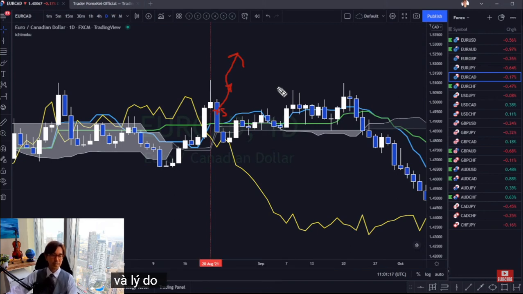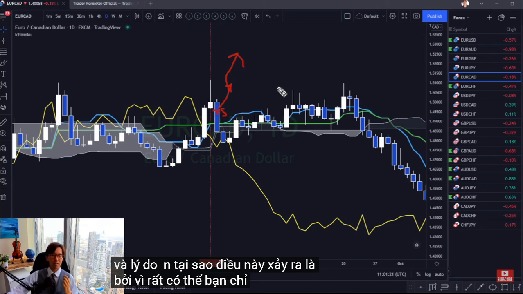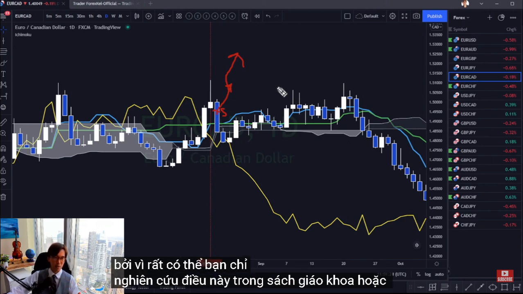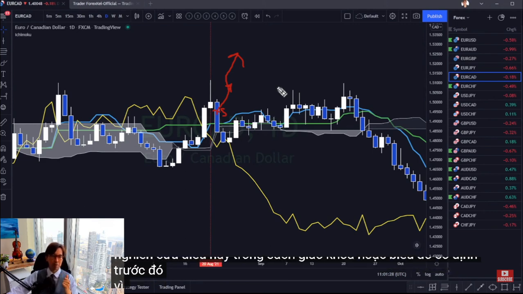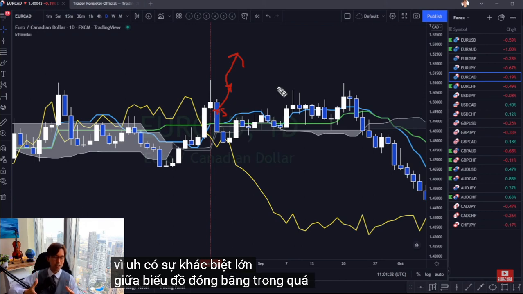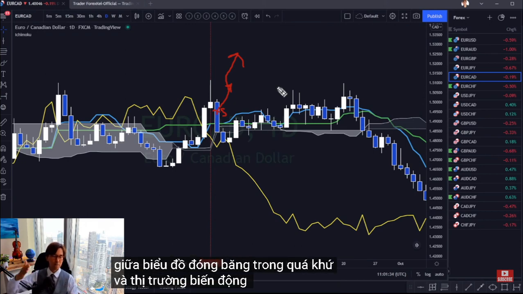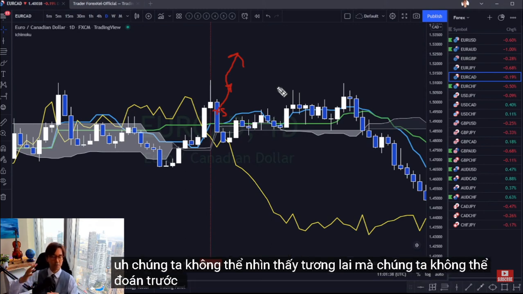The reason why this happens is most likely you only study this in the textbook or the previous frozen chart, because there's a big difference between the frozen chart in the past and the live moving market. We can't see the future, we cannot predict the future, and we're not here to do it.